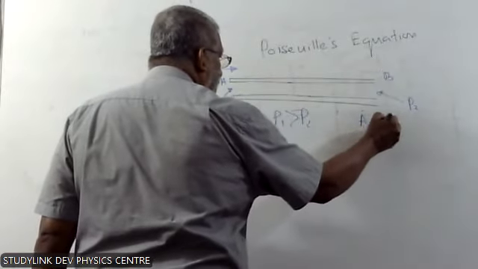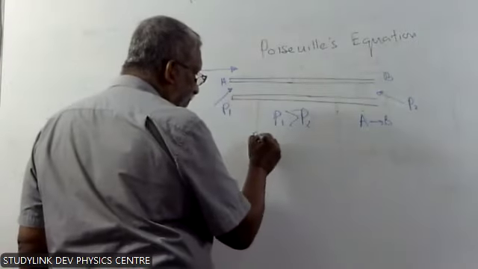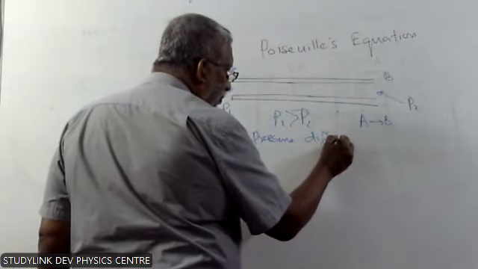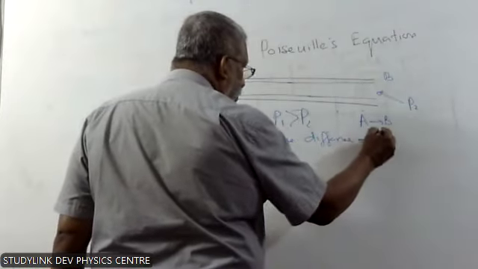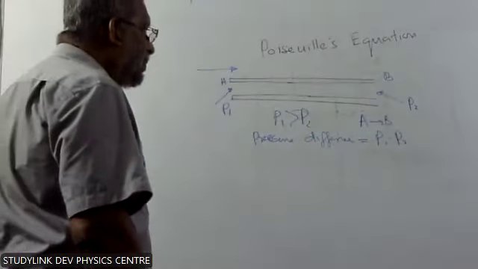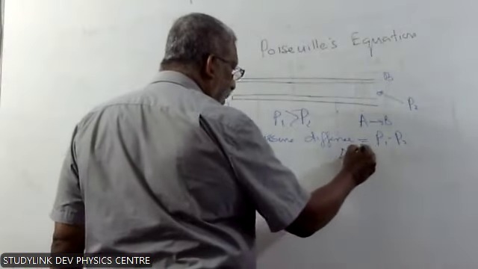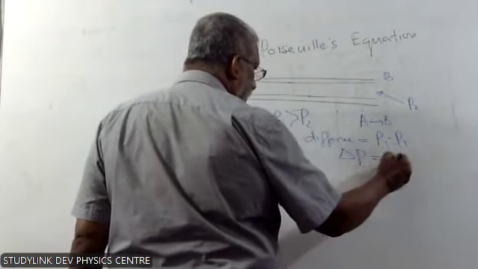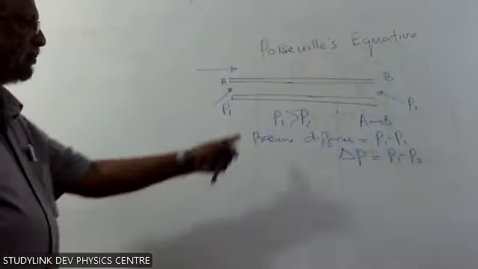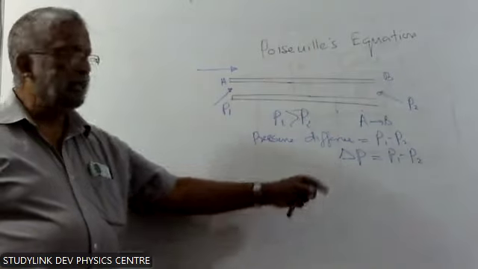Left to right means A to B. Then the pressure difference is denoted by delta P. Delta P is equal to P1 minus P2.